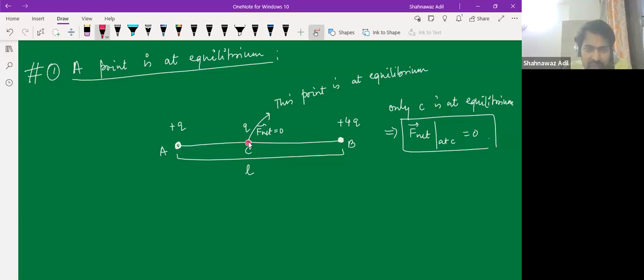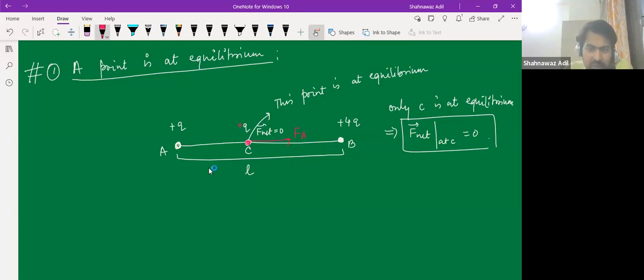Repulsive. So where would FA be, right or left? This is repelling. So where would the force be, right or left? Right. So this is my FA.